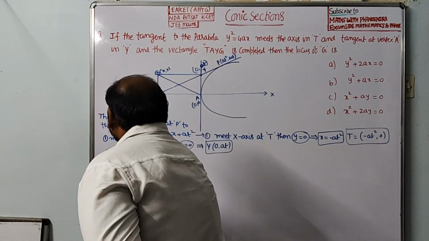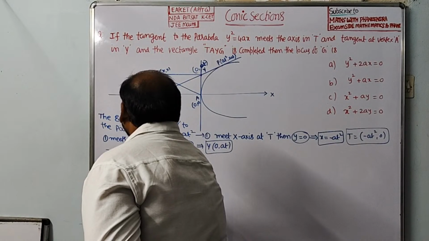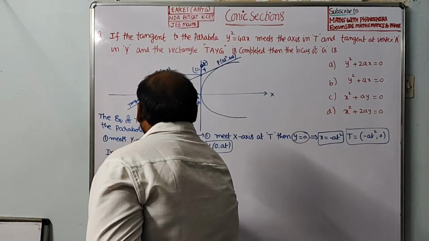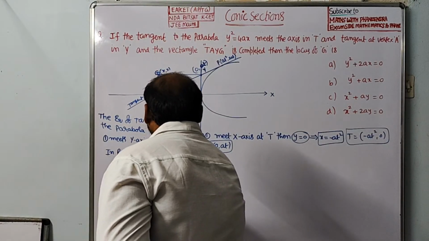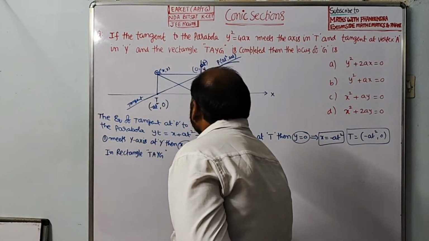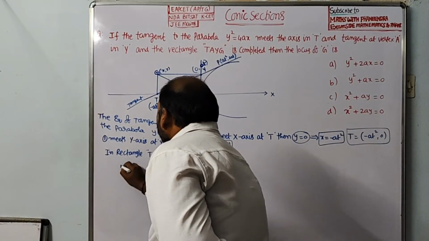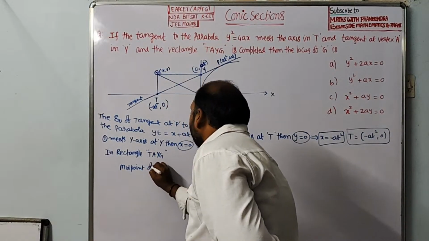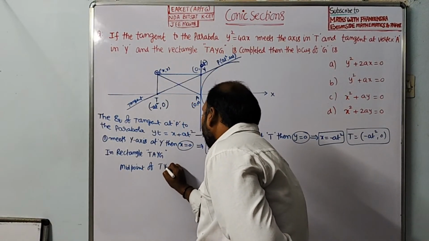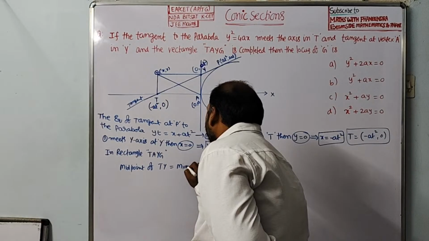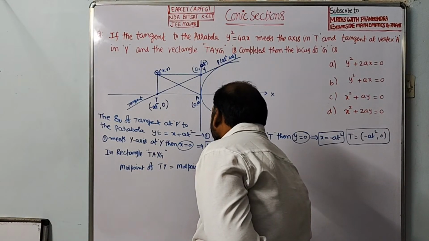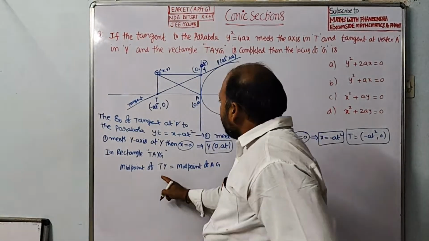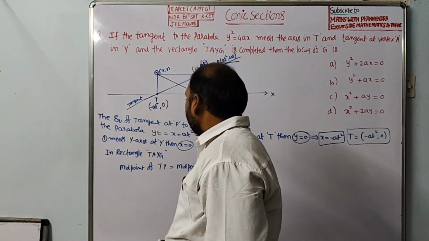In rectangle TAYG, midpoint of TY is equal to midpoint of AG. Midpoint of TY from these two.